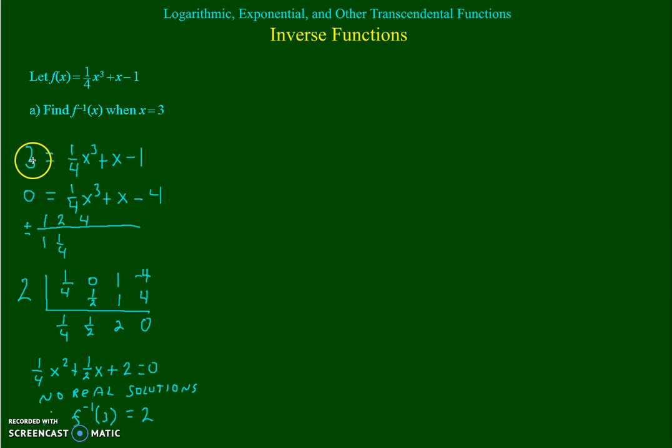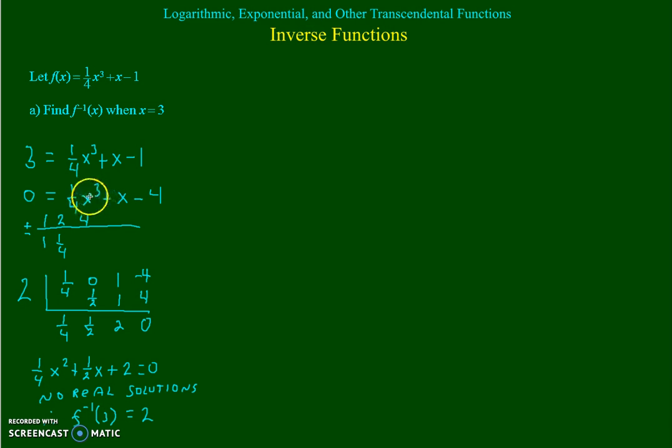Here's my start. I set the original function equal to 3, and then I pull the 3 over, and I'm going to find where this value is 0. In other words, what x value generates a 3 as an output. Whatever this domain value is for the original function, that's going to be the range of this.